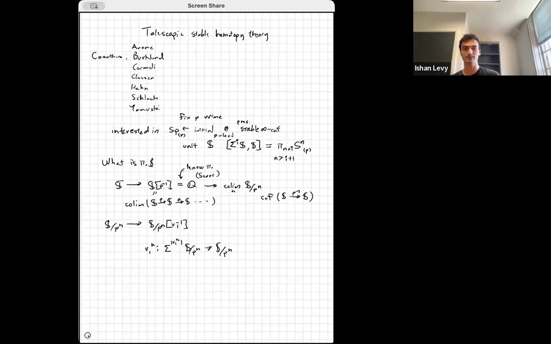So it's a map that exists; these were constructed by Adams in the 60s. You can invert that map, which is some kind of telescope, some colimit like this. And again, this is a situation where we completely know the homotopy groups. So we know pi star of this.